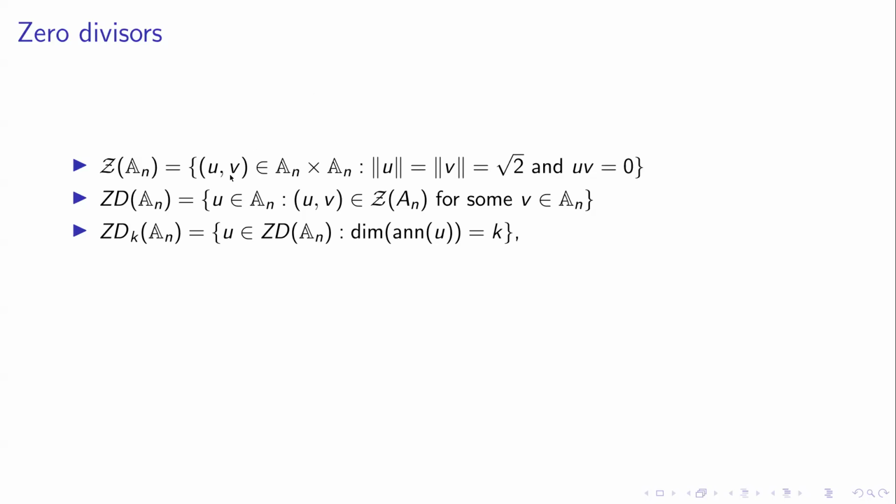If we take the first coordinate, we have this other way to present the zero divisors: the elements in a sphere whose annihilator is non-trivial. It is the same to consider the first coordinate or the second coordinate, because you can prove that left zero divisors are also right zero divisors. For the larger Cayley-Dickson algebras, we can refine this description and stratify the zero divisors according to the dimension of the annihilator.